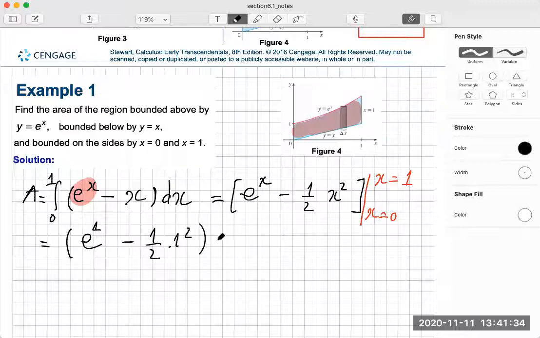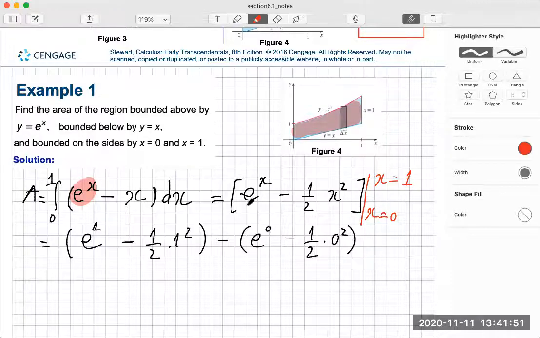Very good. Then 0, 0 squared. I just want to write it explicitly, okay? Be careful. We should write this in the parentheses. Otherwise, you may make a mistake in the sign, right? Just be careful with that.